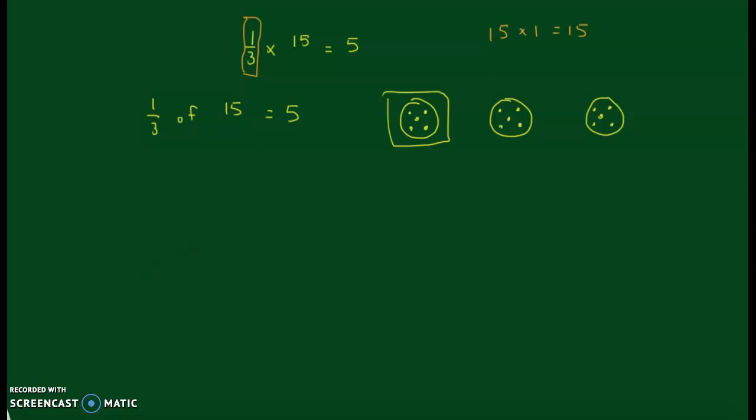So for our next one, let's look at a number that is not a unit fraction. Let's do 2/5 of 10. And same thing, I'm going to start with 5 circles this time because I have fifths.